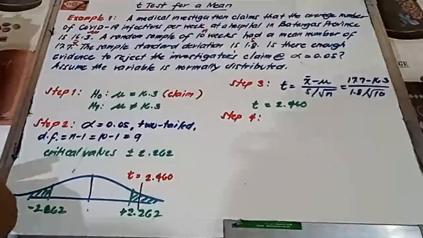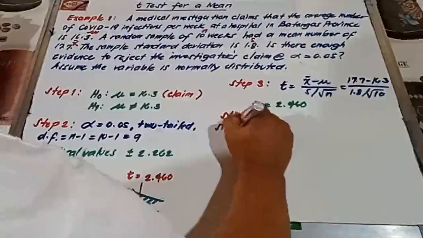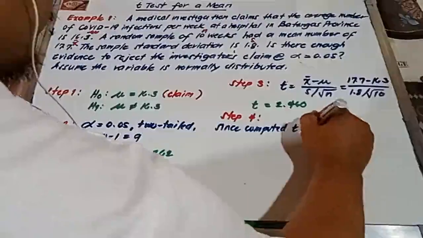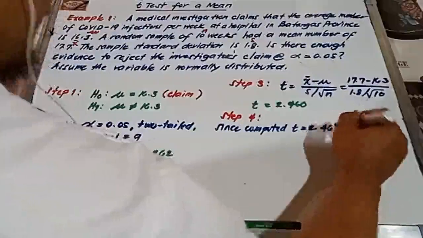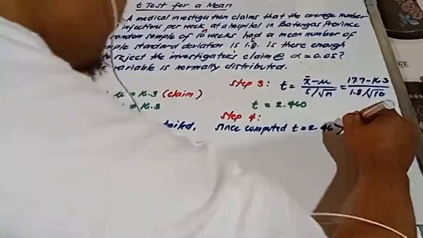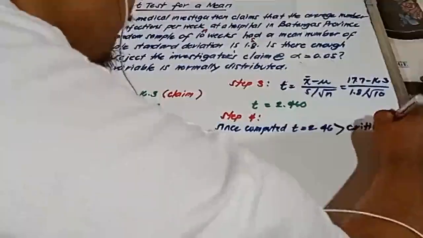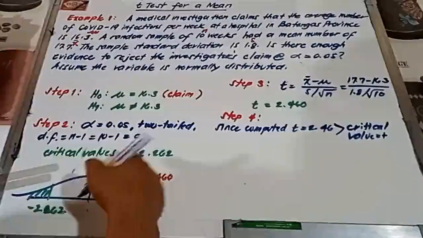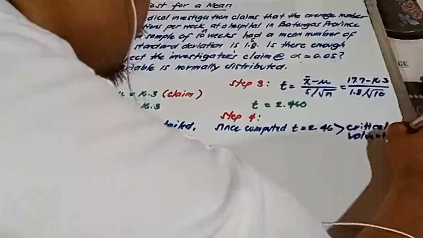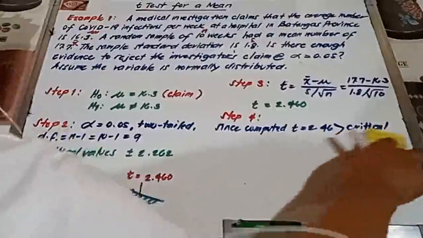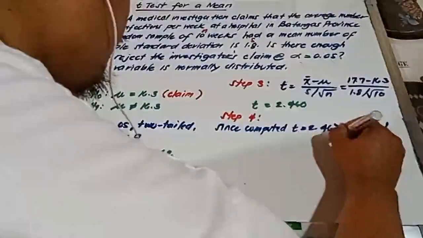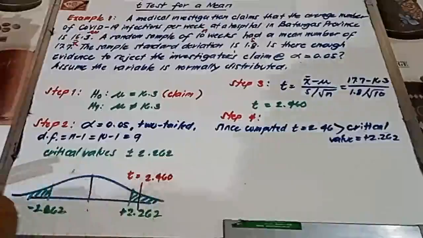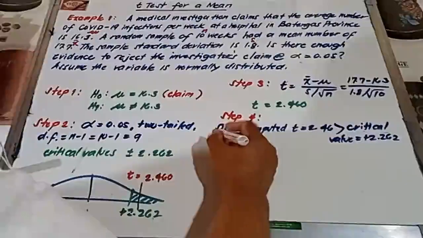So, ibig sabihin yan, since computed t equal to 2.46 is greater than our critical value equal to positive 2.262. Our decision is reject the null.